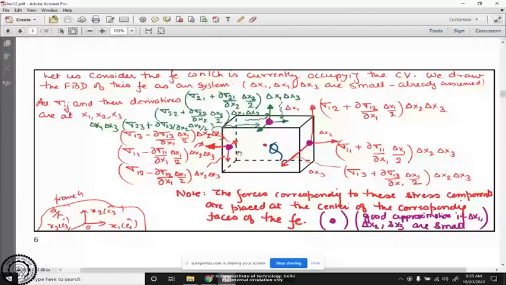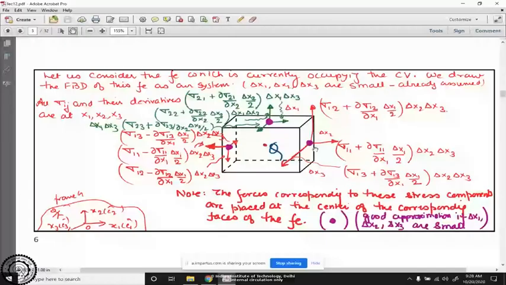So in reality, on every face there is a continuous distribution of force, right? But then you can think of this as I am removing all those distributions of forces on each face, and I am representing that force system by an equivalent force system which has only three concentrated forces acting at the center of the face.